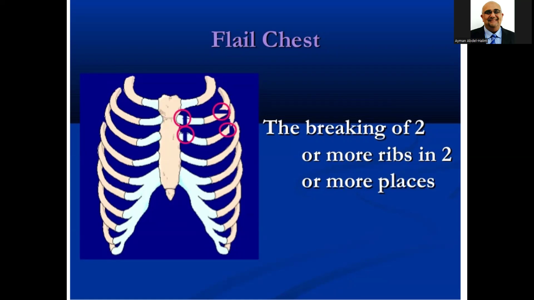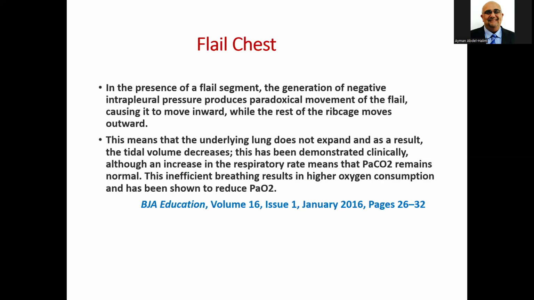Flail chest, the breaking of 2 or more ribs in 2 or more places. That's the definition of flail chest. In the presence of a flail segment, the generation of a negative intrapleural pressure produces paradoxical movement of the flail, causing it to move inward while the rest of the rib cage moves outward.